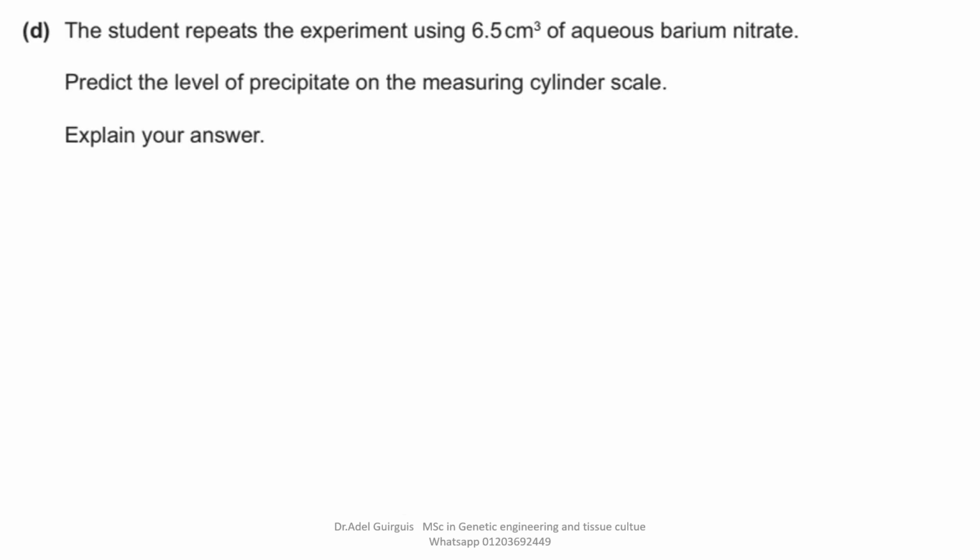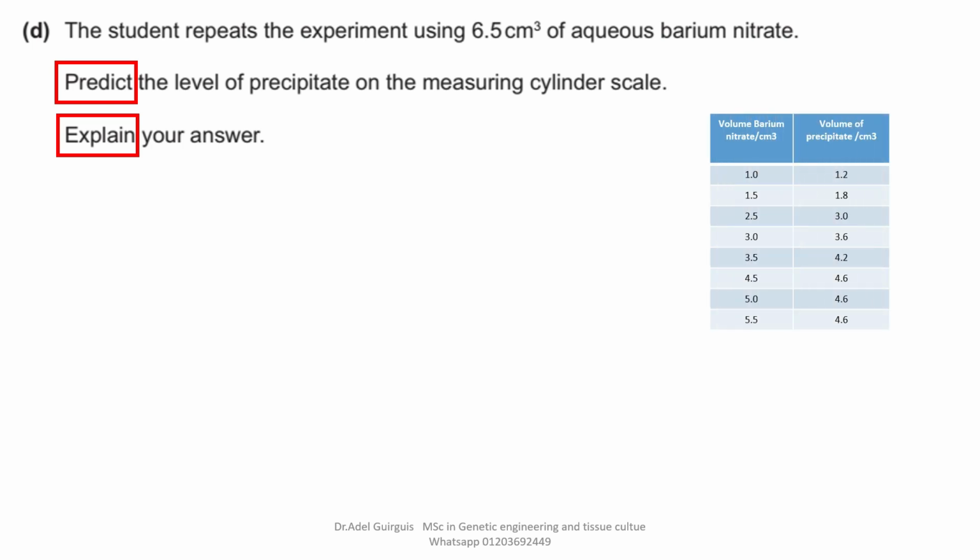For letter D, the student repeats the experiment using 6.5 cubic centimeter of aqueous barium nitrate. Predict the level of precipitate on the measuring cylinder scale and explain your answer, for 2 marks. Now, look. When the student used 4.5, it reached 4.6 cubic centimeter of precipitate.